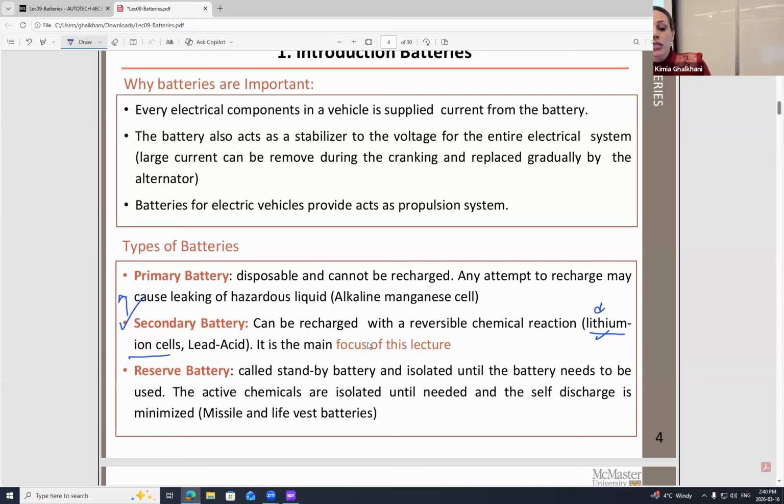We have another one, which is lead acid. Lead acid is very common for automotive applications, not for handheld devices. I'm going to explain the detail of lead acid shortly, but here I'm going to summarize. Why do we not use lead acid for, for example, your cell phone, for such a small device?